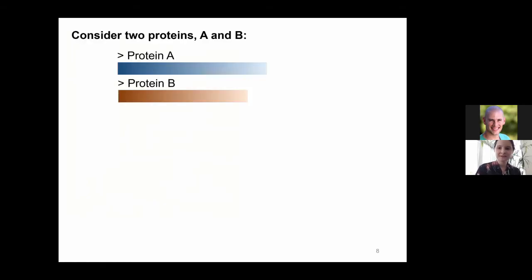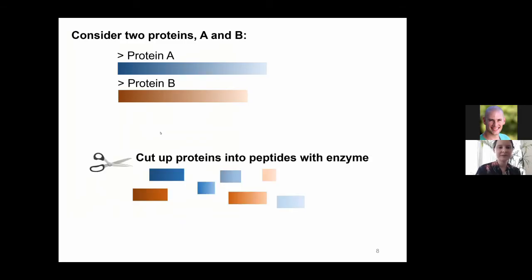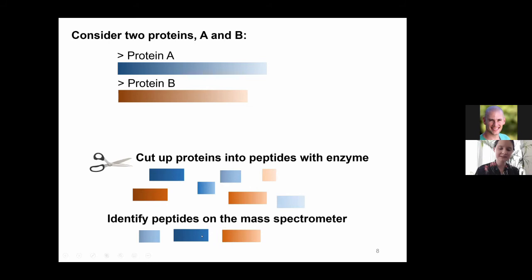Consider a really simplified overview of identifying proteins from peptides: you've got protein A and protein B. They have completely different sequences. You digest them into peptides, and when you identify the peptides, you can pretty clearly tell that protein A is present in the sample and protein B is present in the sample.